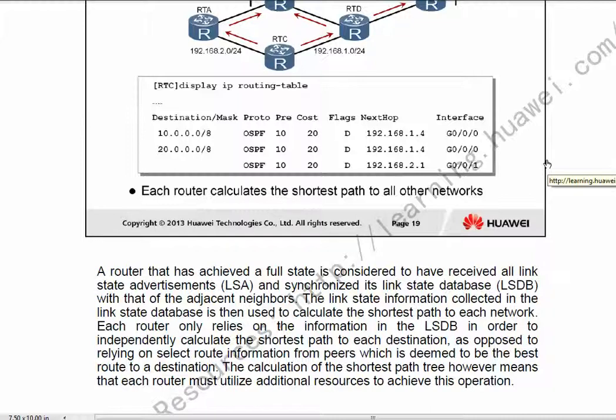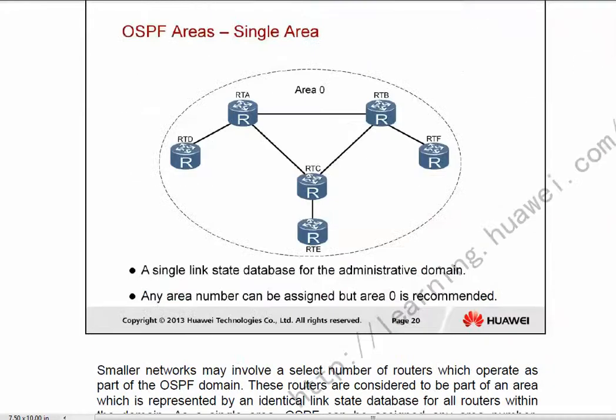From there, each router will rely on its own information in the LSDB to independently calculate the shortest path to each destination. Calculating the shortest path tree independently means each router must use additional resources for this operation.